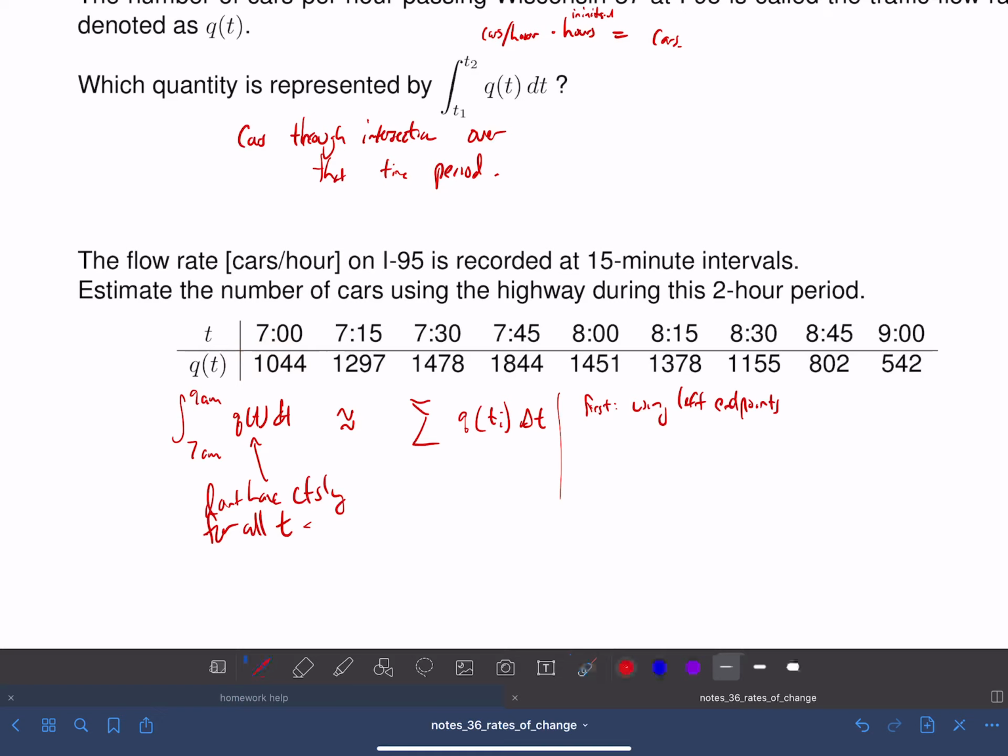So the integral is going to be approximately equal to a quarter, because that's 15 minutes and it's measured in hours, right? Times 1,044 plus 1,297 plus 1,478 plus 1,844 plus 1,451 plus 1,378 plus 1,155 plus 802.